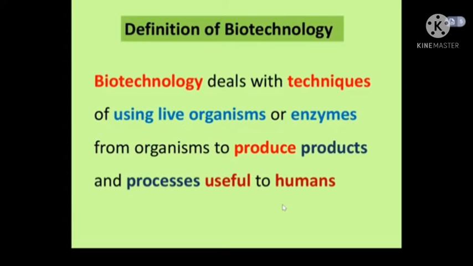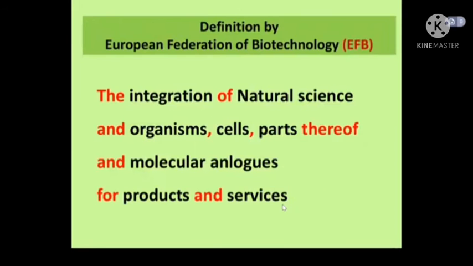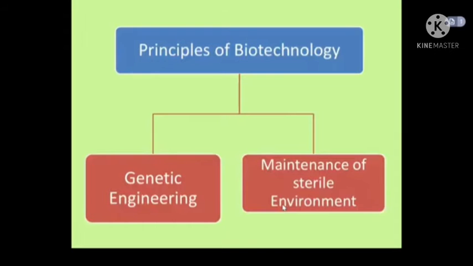So here we can say it is an integration of natural science and organisms like cells, parts of cells thereof, and also their molecular analogs and products and services. Clear? Next, this is what I have told you. It's an integration of natural science and organisms, parts thereof, and molecular analogs for products and services.